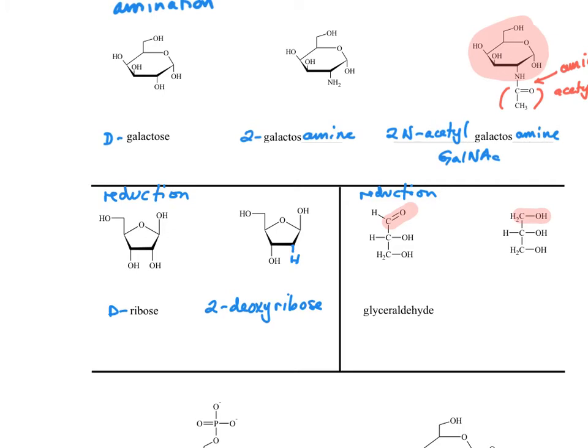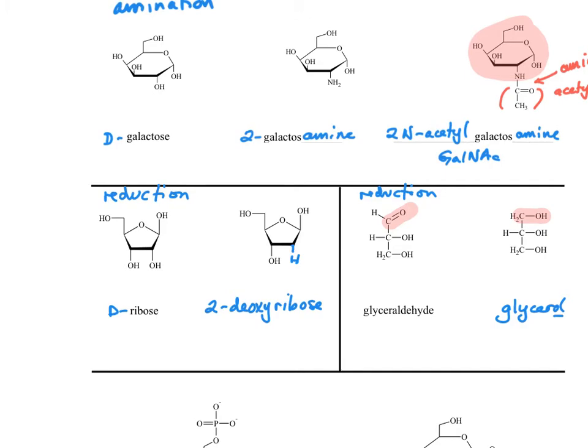And if we take a sugar like this triose glyceraldehyde and make it into an alcohol at the first position, we call it glycerol. Remember, OL is for alcohols. So glycerol is going to show up in our next chapter when we talk about lipids and triacylglycerol fats.